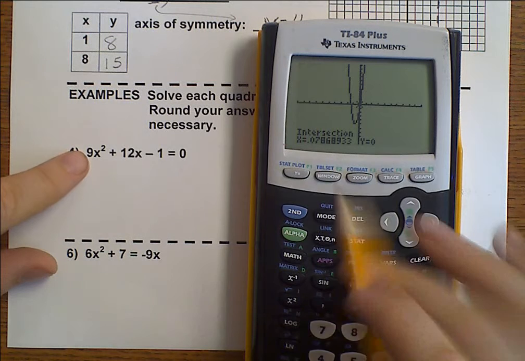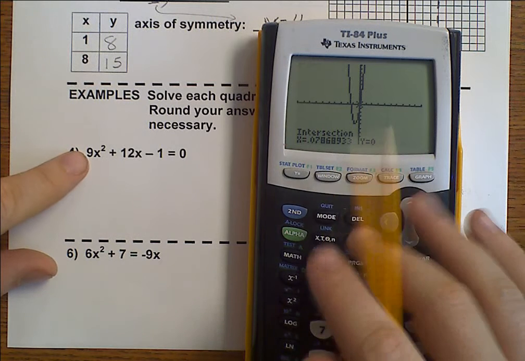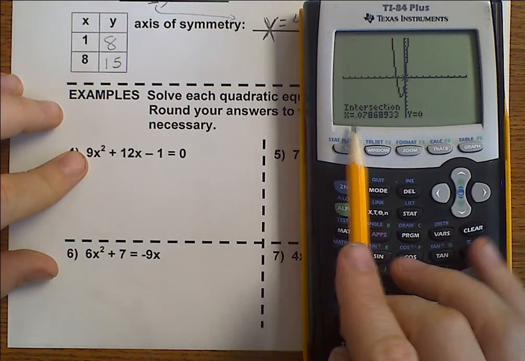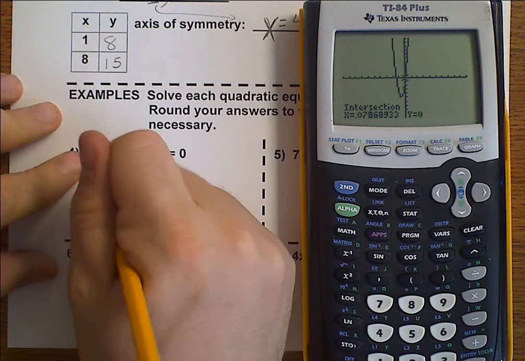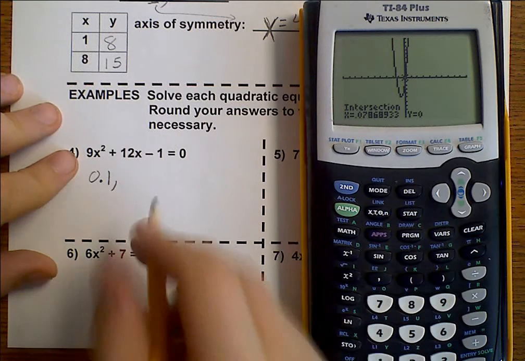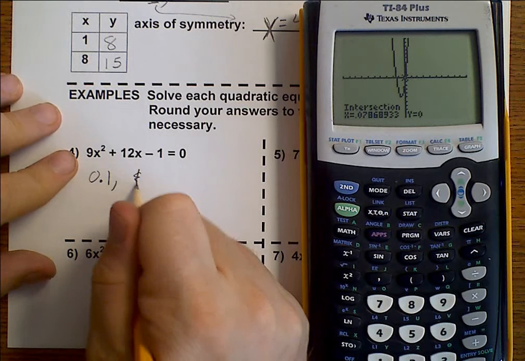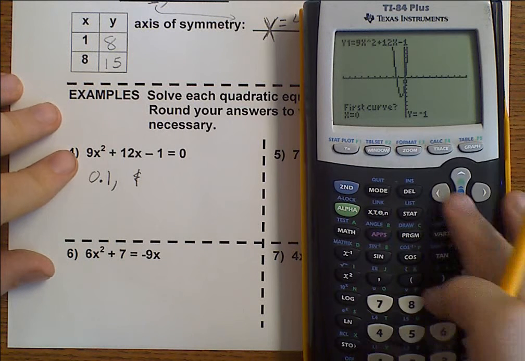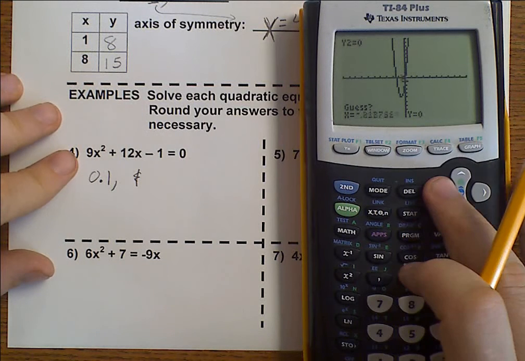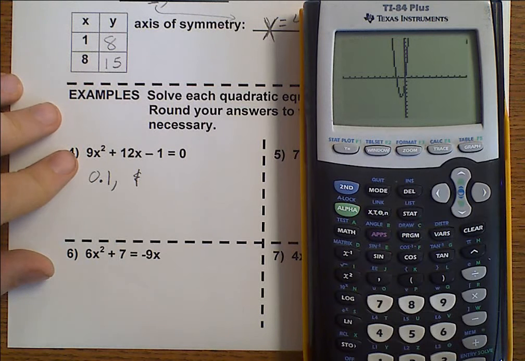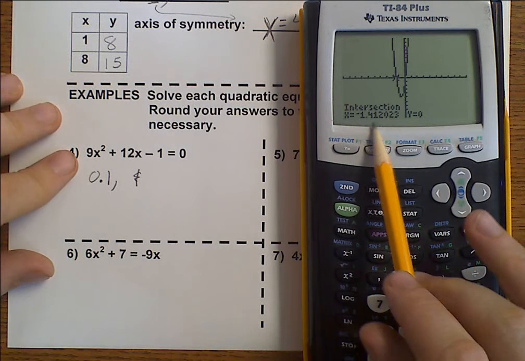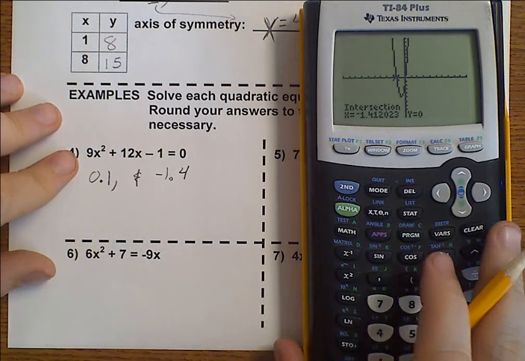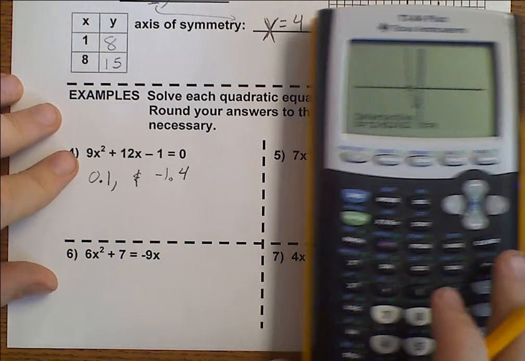That gives me 0.1, since it says round answers to the nearest tenth. And do it again, second calculate, intersect, first curve, second curve, negative 1.4. Real simple.